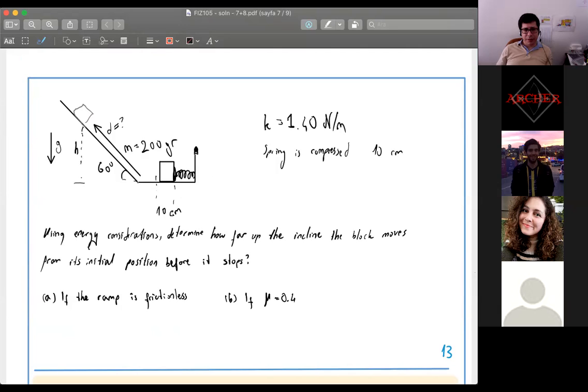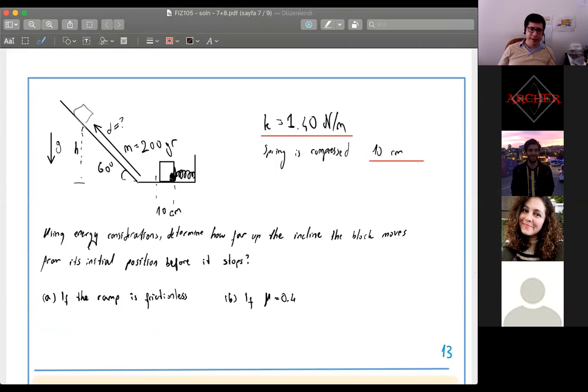So we have this ramp, okay, like this, and an object right here. There's a spring here. The spring is compressed initially for 10 centimeters. We are also given the stiffness of the spring.